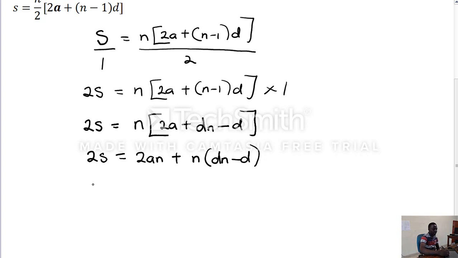So this will be 2s is equal to 2an plus dn into bracket n minus 1. My aim is on a, so I'm going to subtract dn bracket n minus 1 from the right hand side to appear on the left hand side, because I want 2an to stand alone.